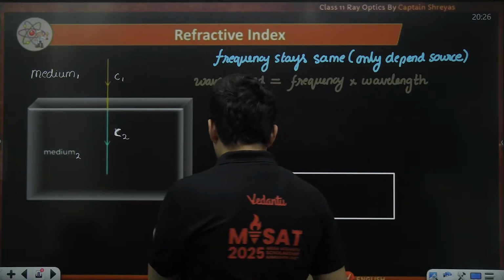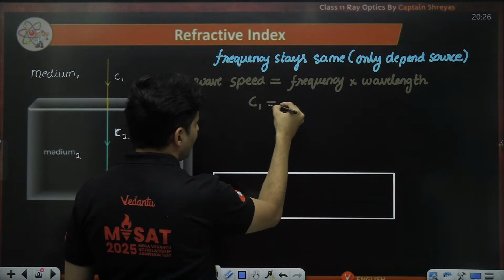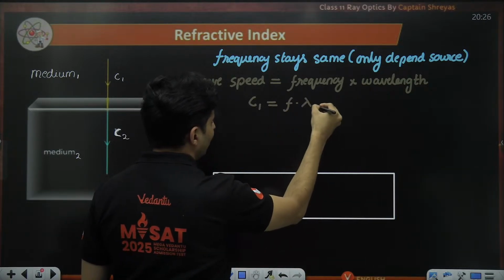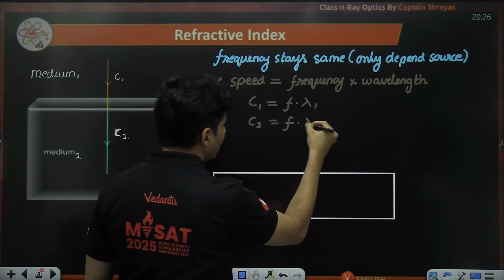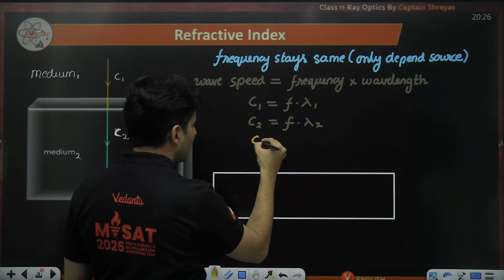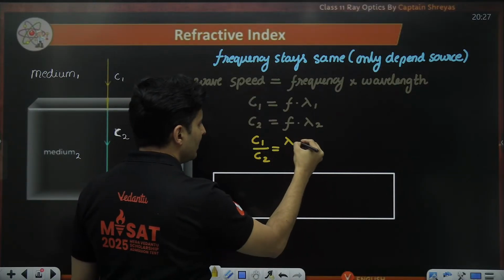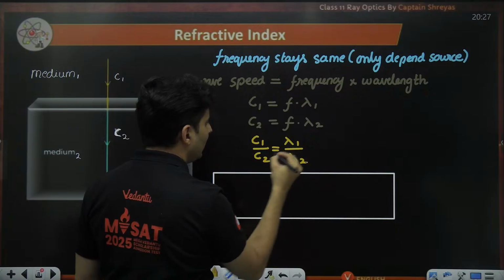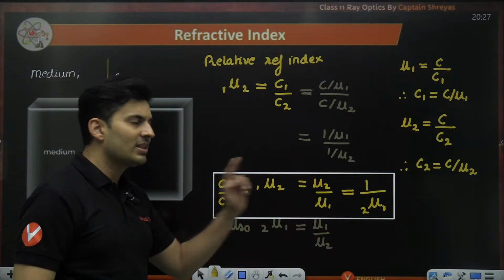So if that is the scenario, immediately we can say that speed 1 is frequency into the first wavelength, speed number 2 is frequency into the second wavelength. Naturally, if I divide both of them, C1 by C2, obviously the frequency cancels, you will get lambda 1 by lambda 2. But what is C1 by C2? C1 by C2 is 1 mu 2.